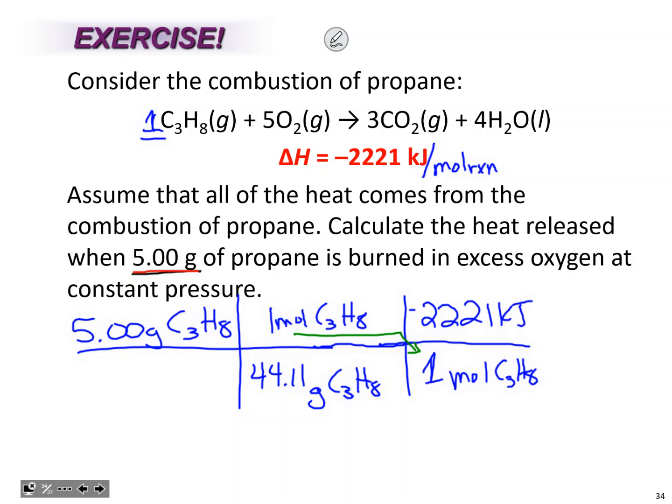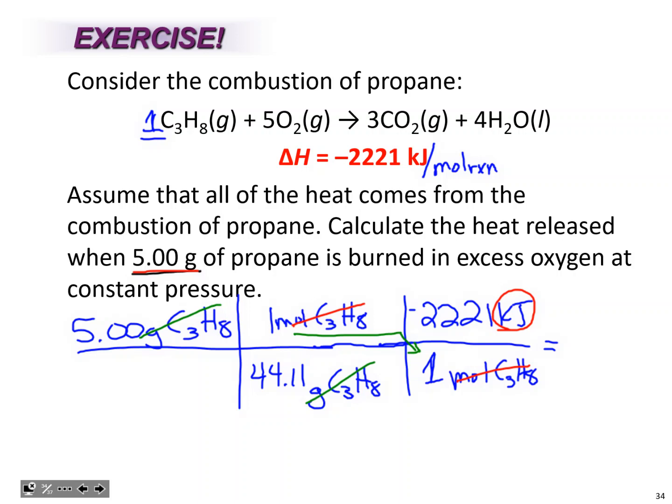The negative sign really though is just telling you it's being released. So when you calculate this, the grams cancel with the grams, moles cancel with the moles, and then we're left with our kilojoules, which is what we want because we want to know how much heat is generated when we burn that much propane. And propane, by the way, is in your gas grill tanks, so this is something typically that people burn.